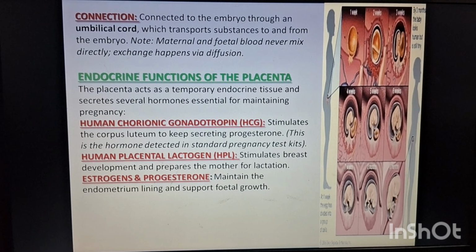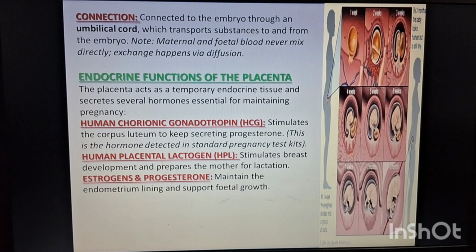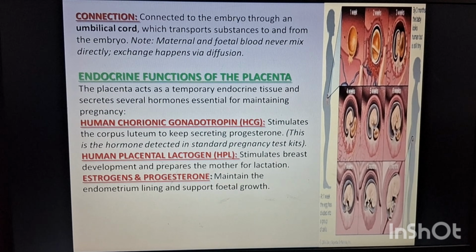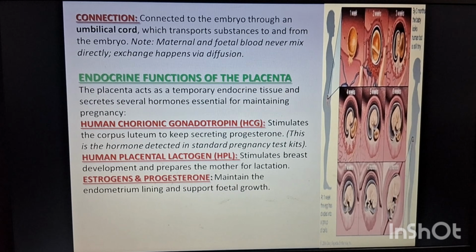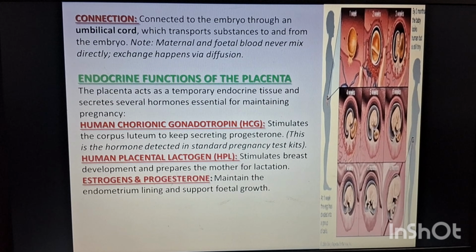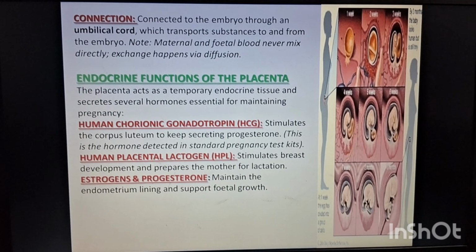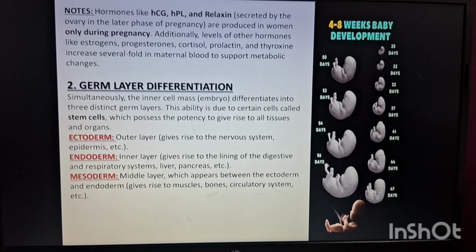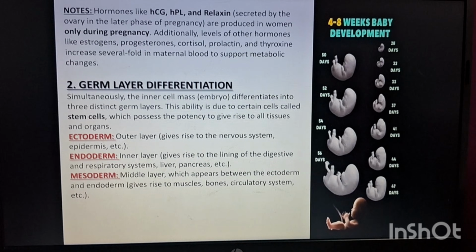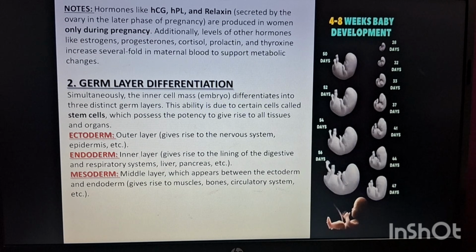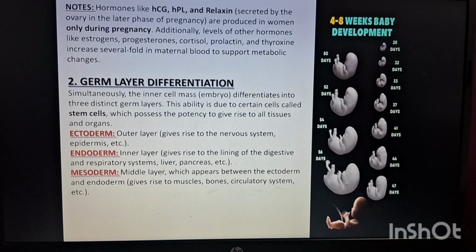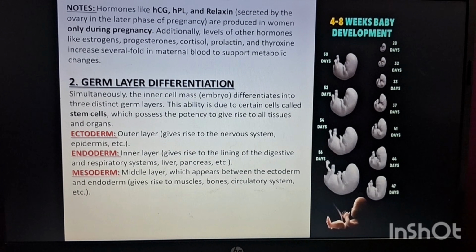Next, human placental lactogen, or HPL, which stimulates breast development and prepares the mother for lactation. Next, estrogen and progesterone, which maintain the endometrium lining and support fetal growth. Hormones like HCG, HPL and relaxin, which is secreted by the ovary in the later phase of pregnancy, are produced in women only during pregnancy.